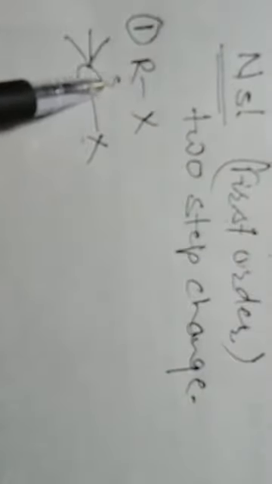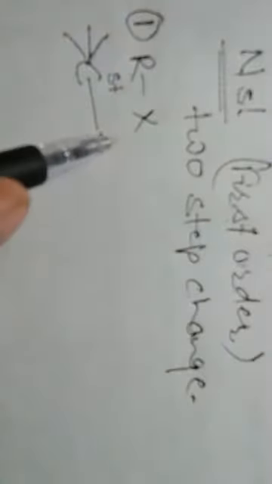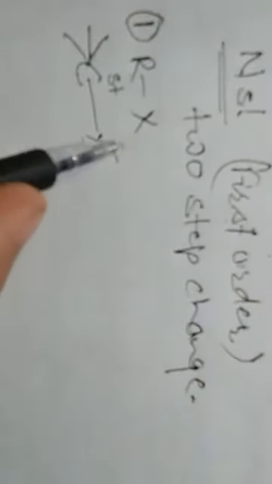You know that this bond is a polar bond, so this is partially a negative center, this is partially positive center, because halogen is more electronegative than carbon. So this is an alkyl halide, and in the first step this alkyl halide is converted into the form of carbonium ion.